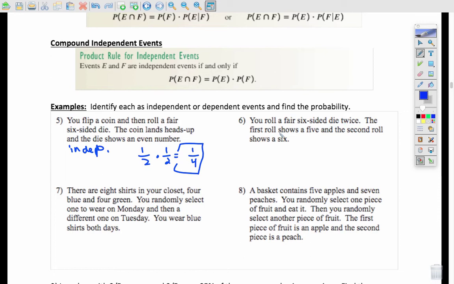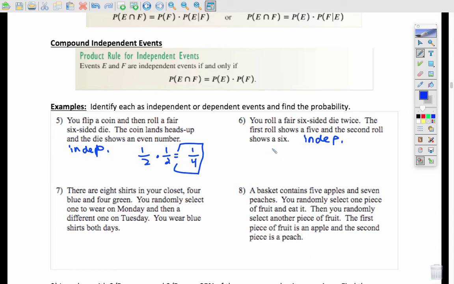So come over here and let's talk about number 6. You roll a fair 6-sided die twice. The first roll shows a 5 and the second roll shows a 6. Well, honestly, does the probability matter here? Are these independent? And the answer is yes, they are independent, because it doesn't matter what you got on the first roll.